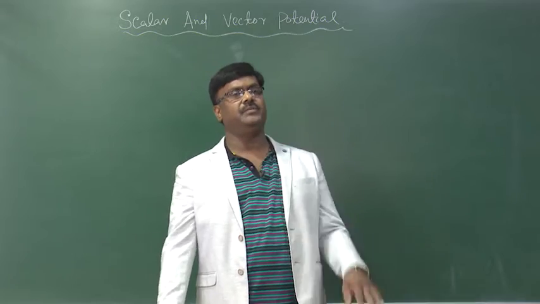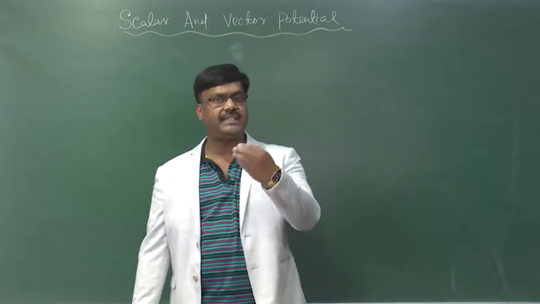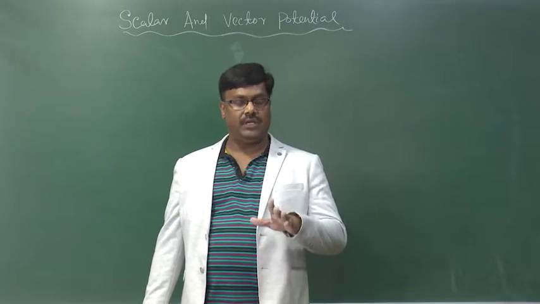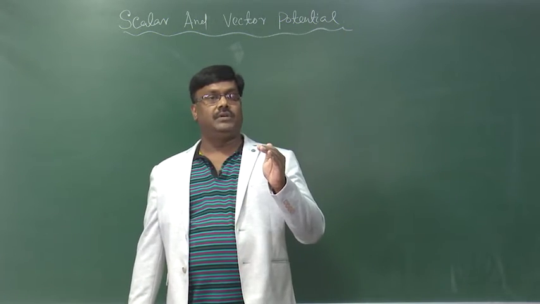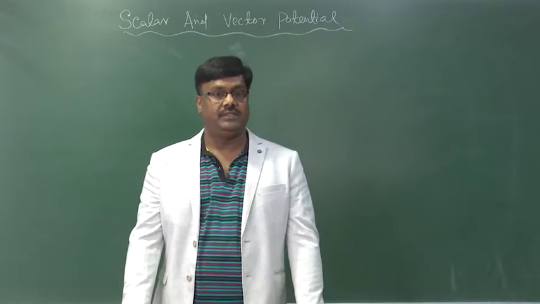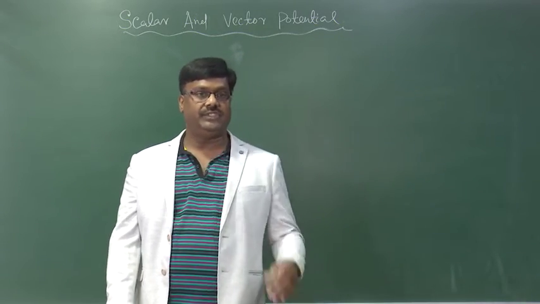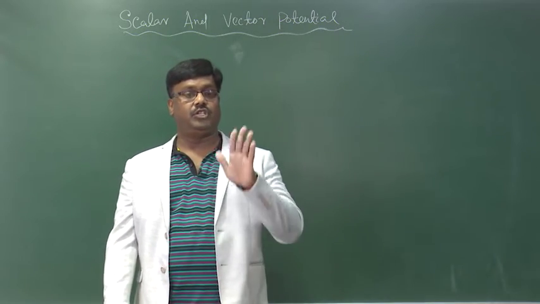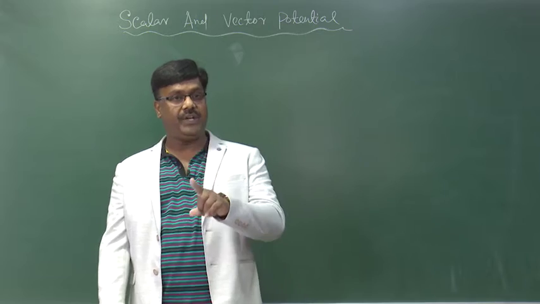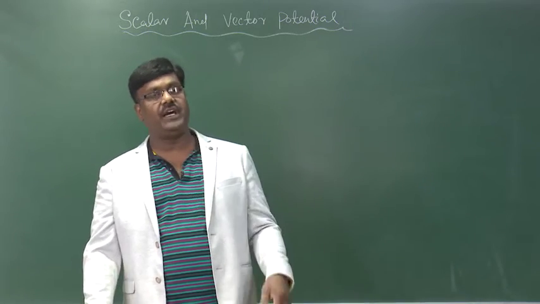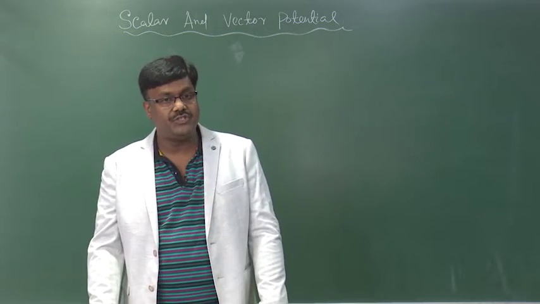Let us start from the divergence of B which vanishes. That means if we find the dot product of the B vector with the gradient operator, the value will be 0.